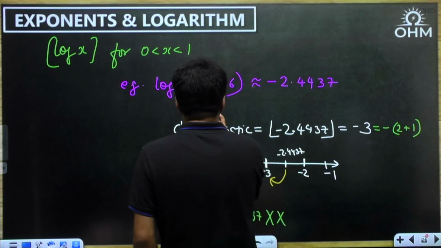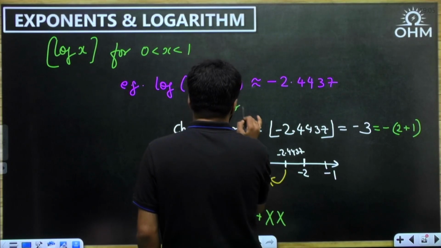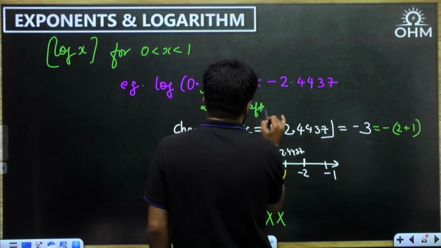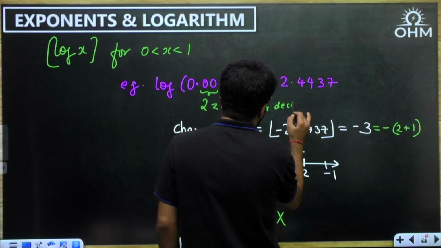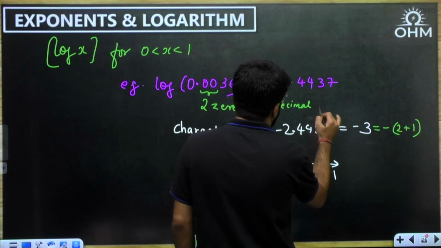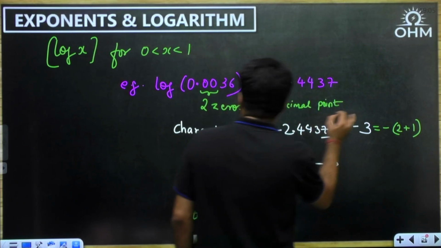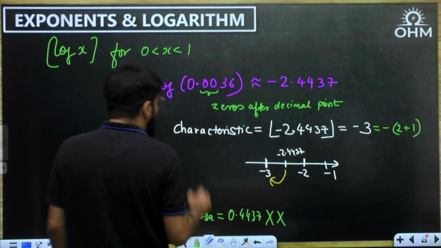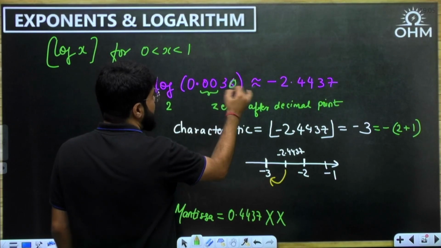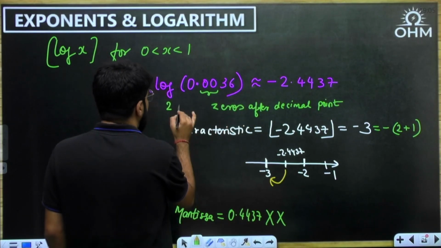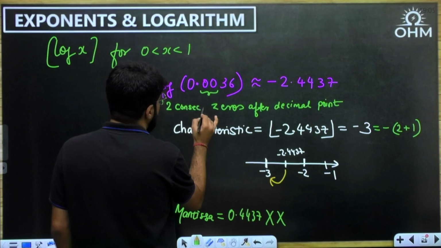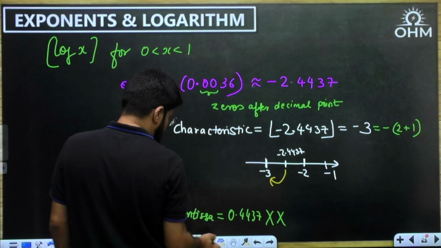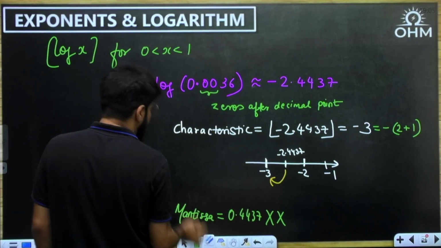So there are 2 consecutive zeros after the decimal point. How many consecutive zeros do you have? If there is any zero elsewhere, I don't care.